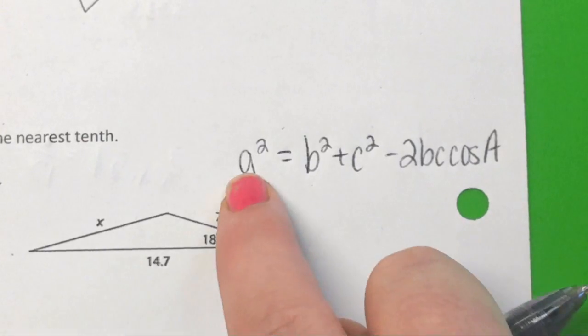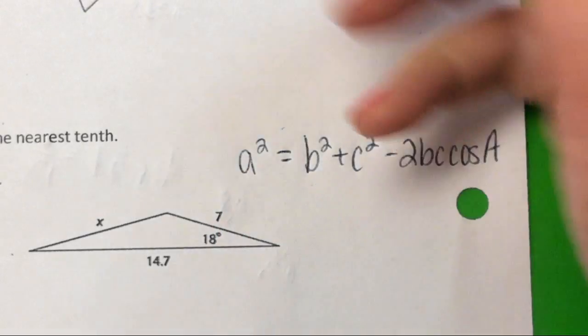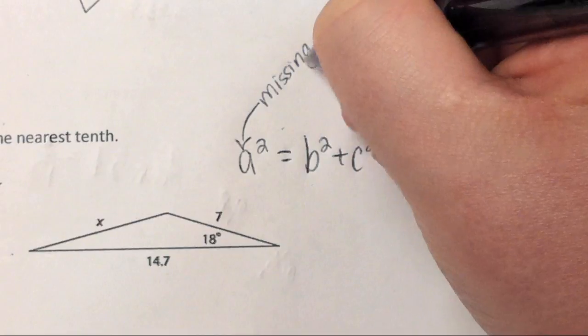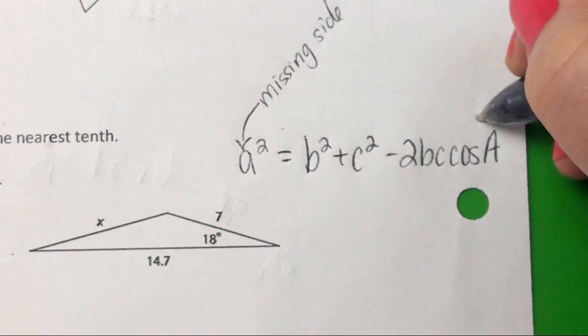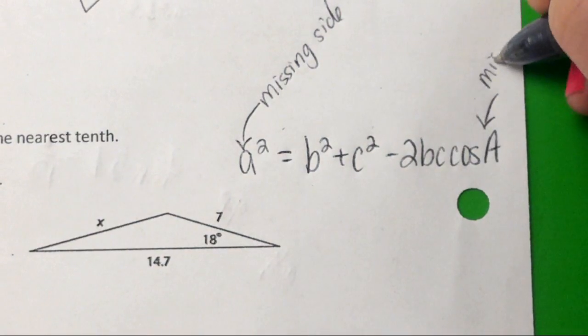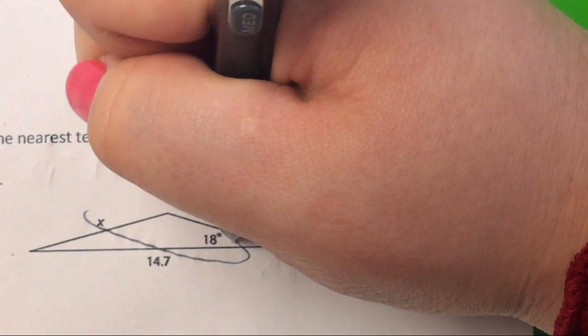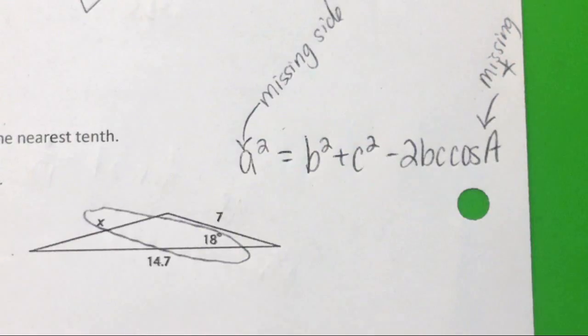It's either a missing side going in the lowercase a slot, or it's a missing angle going in the capital A slot. You have to decide. For our problem, and I do the one circle buddy, so I can get my life right, it's a missing side.